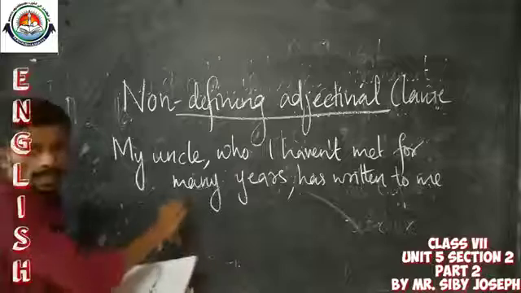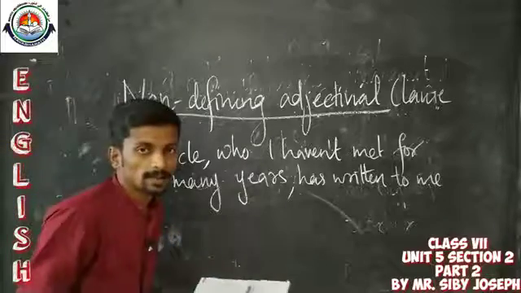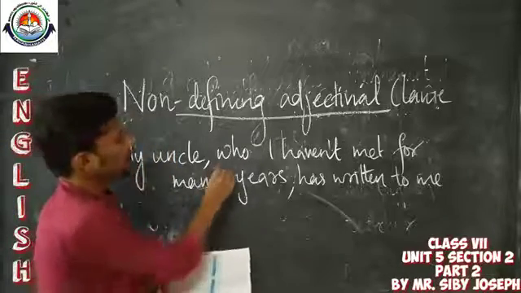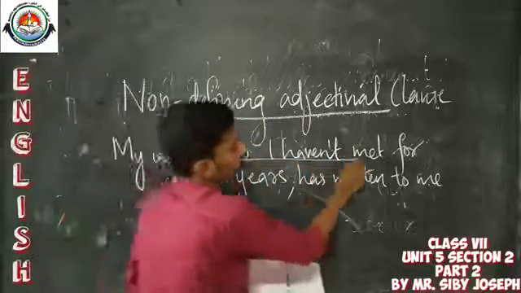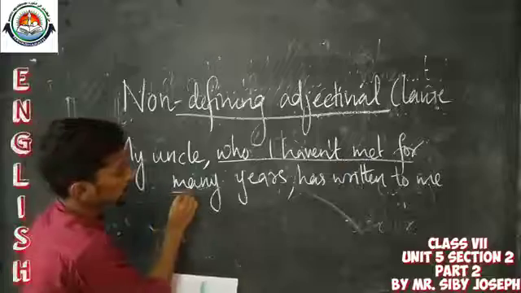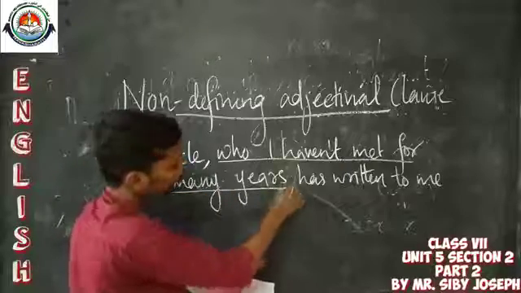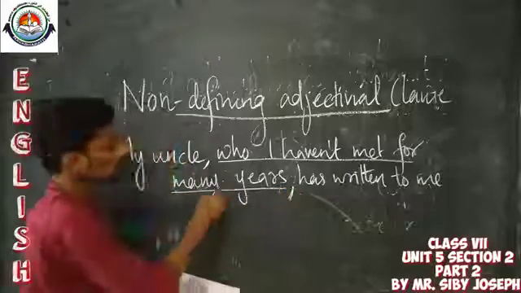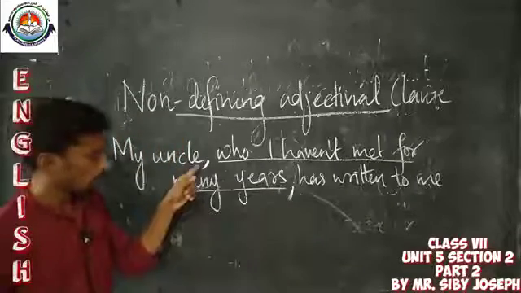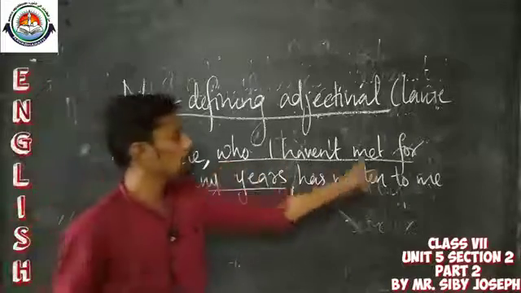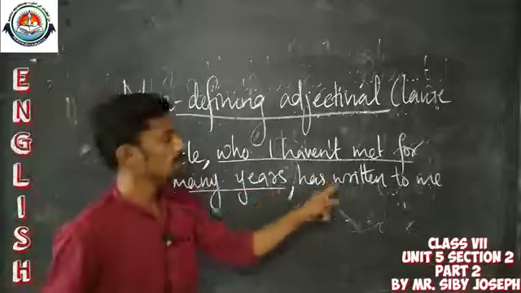In the last class I told you that a non-defining adjectival clause is always separated by putting a comma before and after it. Likewise: my uncle, comma, who I haven't met for many years, comma, has written to me.